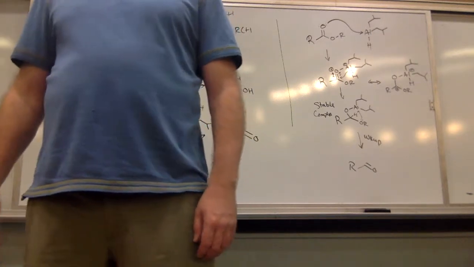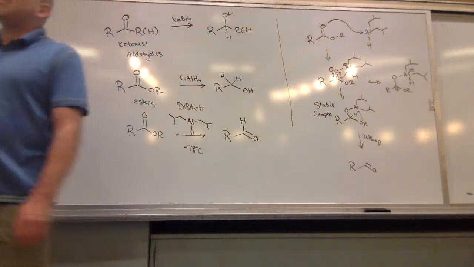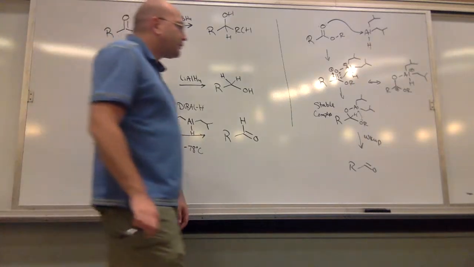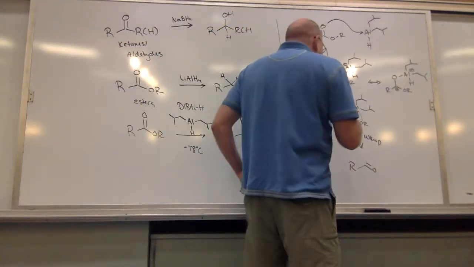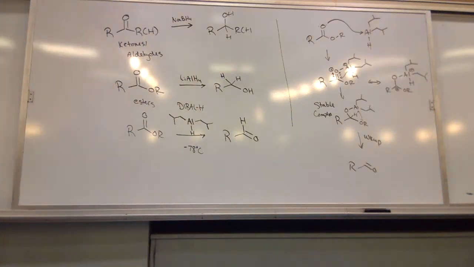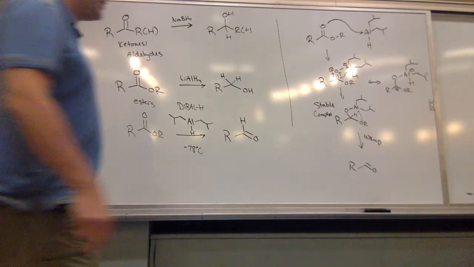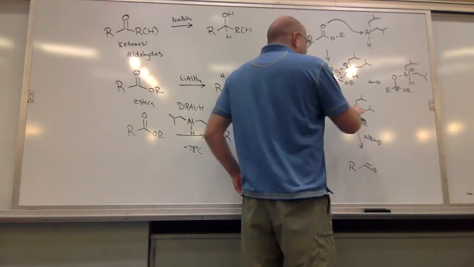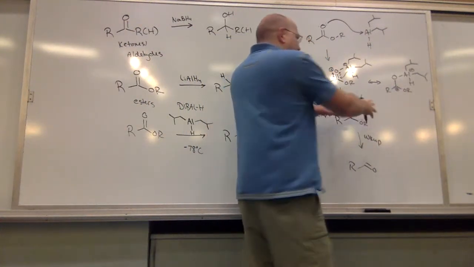Yeah? The oxygen's electrons from the ester are going to aluminum. You can imagine the complex. It's a little bit more complex than this. I think the kinetics have been worked out with this. That it's like another molecule then kind of stabilizes the intermediate. It's a bit more complicated. I think just think about that complex.